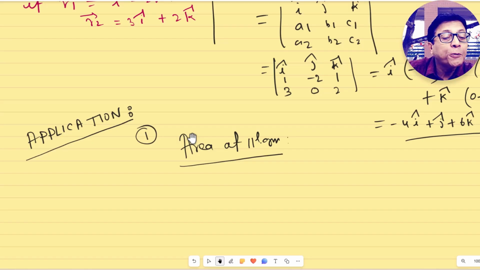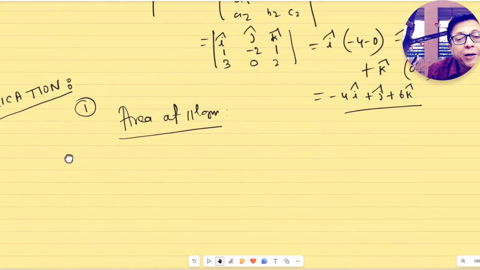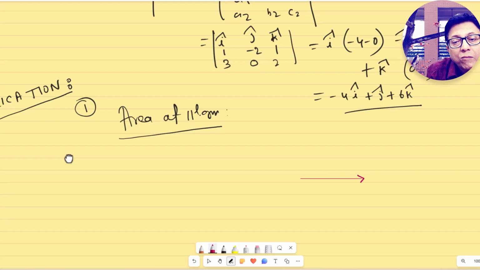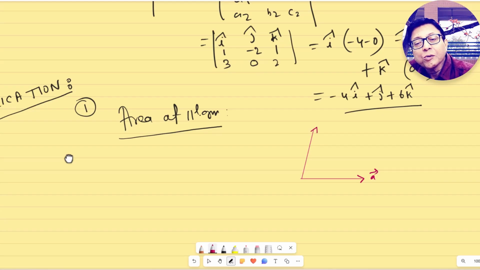Now cross product in mathematics, when you are going to do it, you must know some important applications. The first one is the area of a parallelogram, which I am going to state. The first application we are going to learn is to find the area of a parallelogram, not by the method you have learned before, base into height.